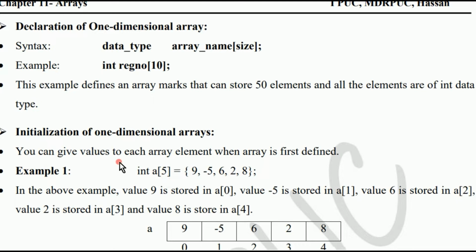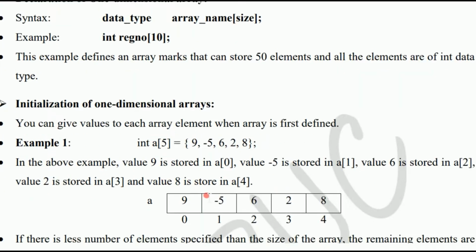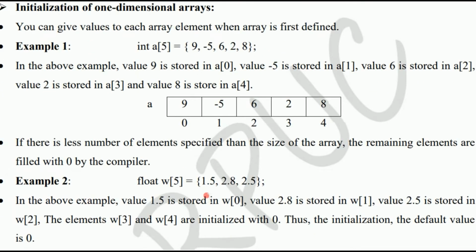In the variable concept, we take a equal to 10, then 10 is assigned to a. In the same way, we can assign many values at a time by using this method. This is called the initialization method. If you are taking float, then we can store float values in the array.